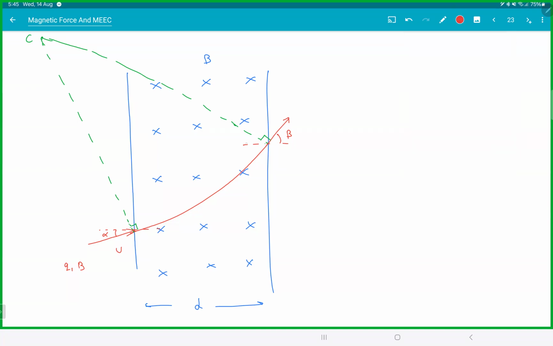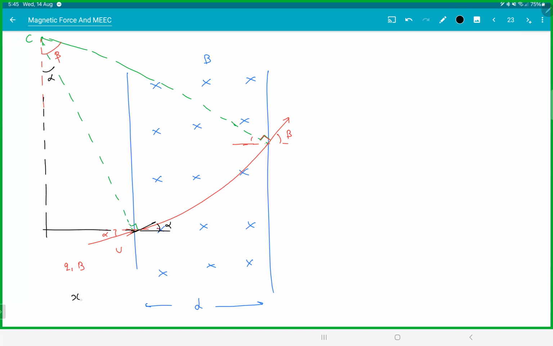Now, if you take that angle as beta, this is 90, this is 90 minus beta. So with the vertical, this whole angle will be beta. Similarly, here, if this angle is alpha, that is 90, this is 90 minus alpha, and this angle will be alpha.